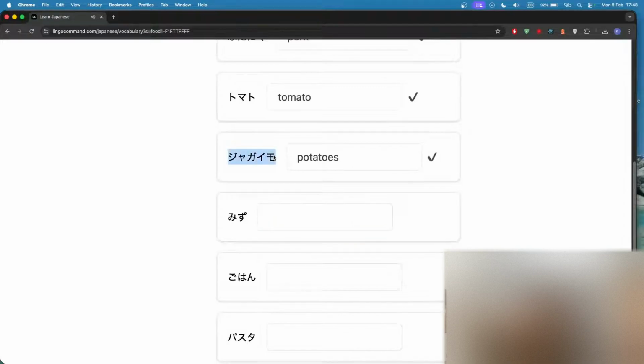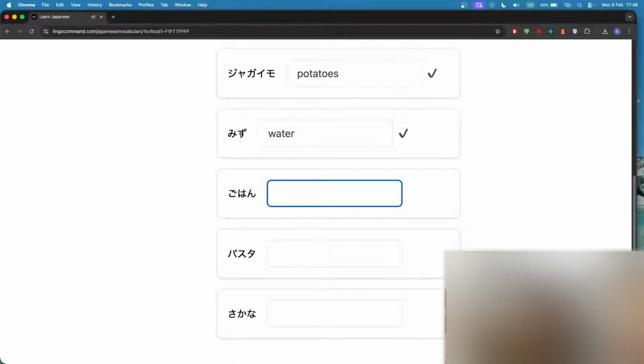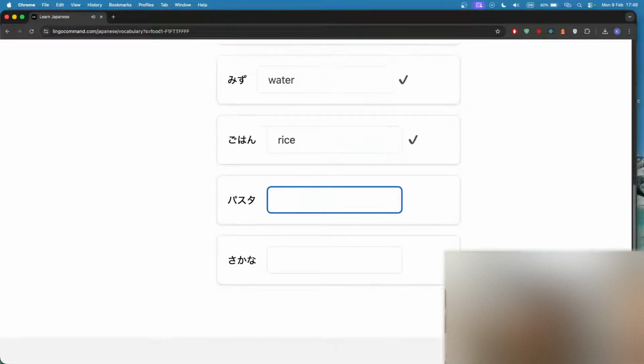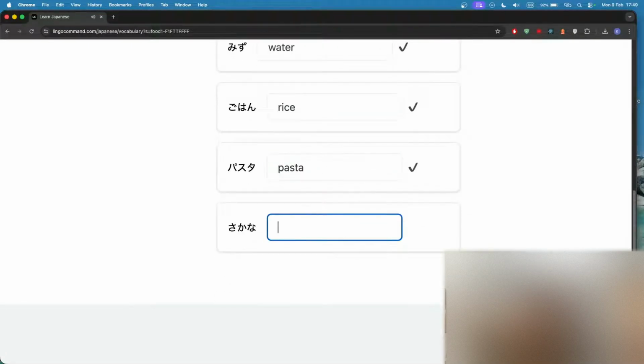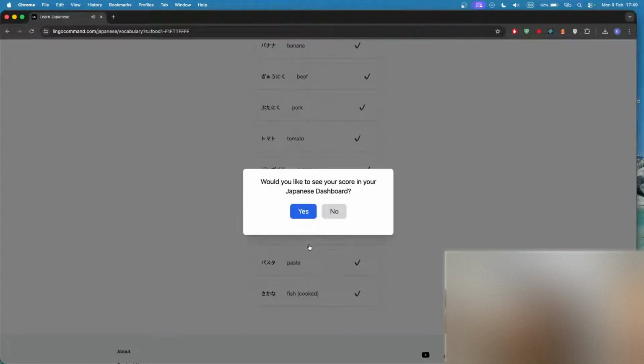Now, I'm wondering, because this is katakana, that sort of implies that this is a loan word. It'd be interesting to know a loan word from what language. Mizu means water. Gohan is rice. Pasta is pasta. And sakana is fish, cooked. So that was fine, fantastic.